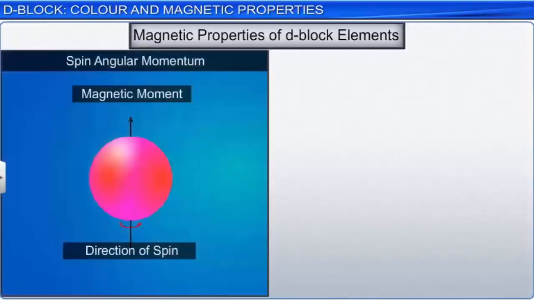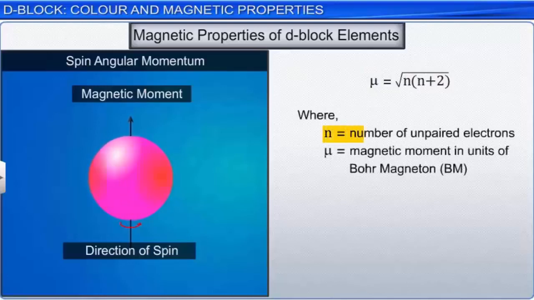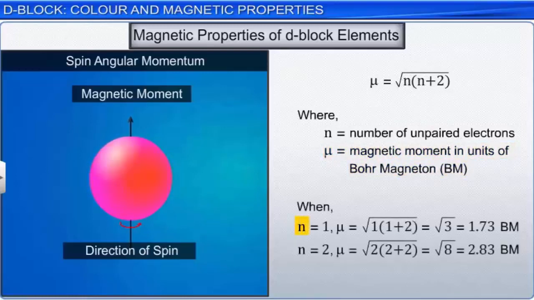Here, n is the number of unpaired electrons. When n is equal to 1, the magnetic moment is 1.73 Bohr magnetons, and when n is equal to 2, we get 2.83. In case of iron, cobalt and nickel, the unpaired electron spins are much pronounced. As a result, these elements are much more paramagnetic than the rest of the elements.